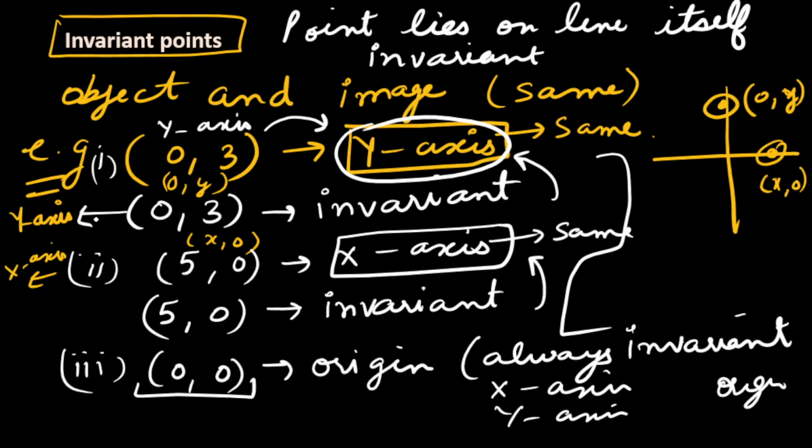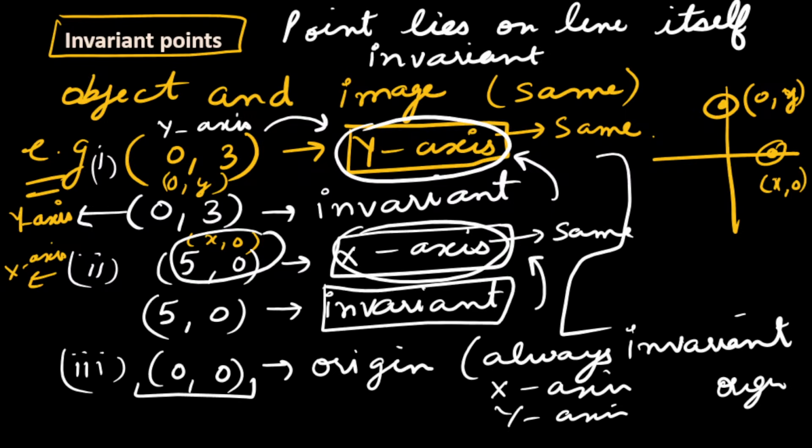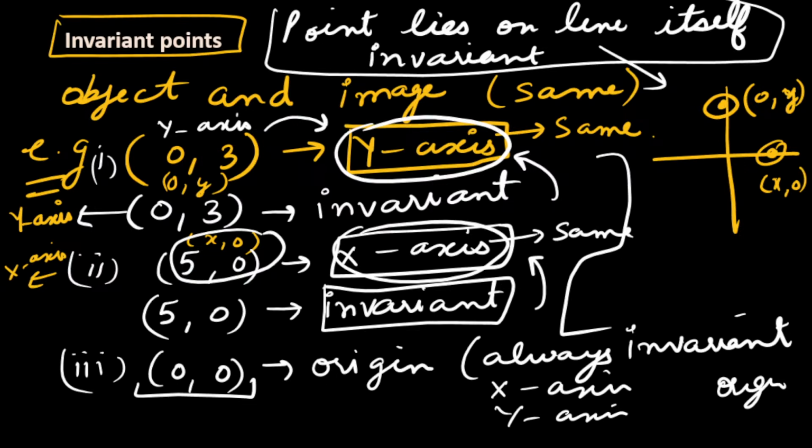So that's why this became invariant. Here also this point lies on the x-axis and reflection is also through the x-axis. So the point became invariant. Whenever a point is lying on the line itself through which reflection is happening, the point will become invariant. These were the concepts.